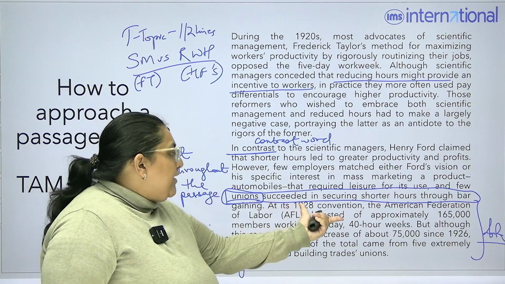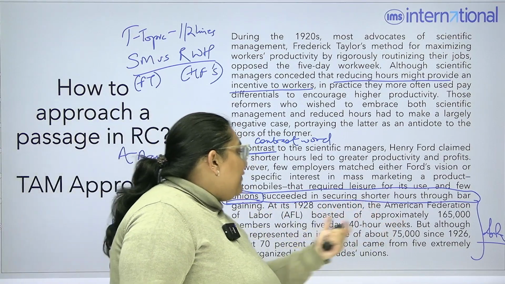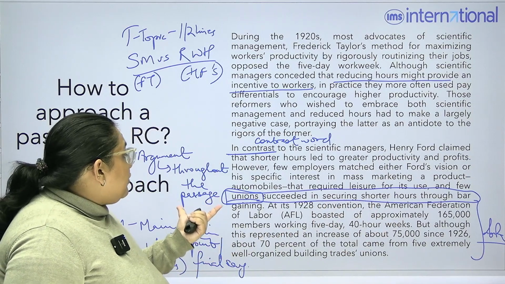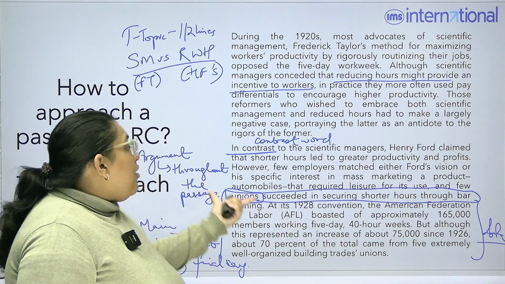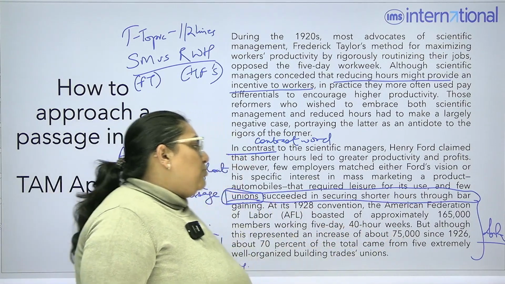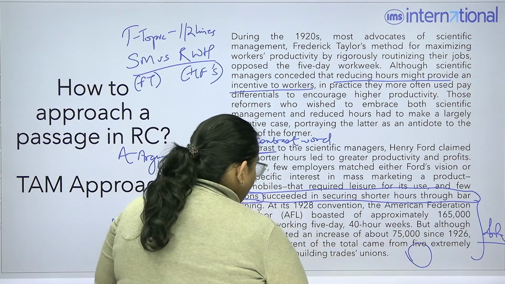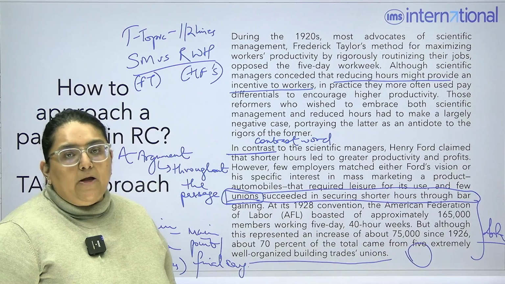So in this convention, it was seen that about 165,000 members working 5-day weeks had risen from the initial number of 75,000, but most of them came from only 5 well-organized building trades unions.